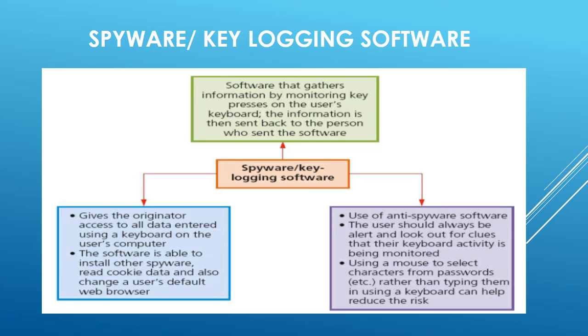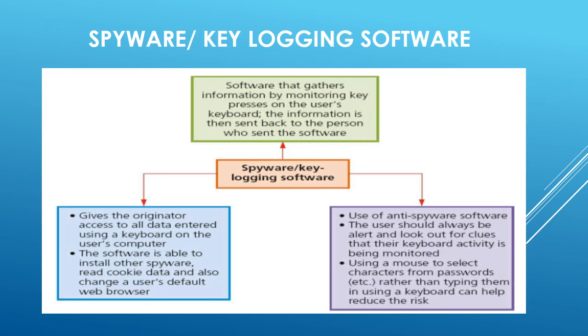The software is able to install other spyware. It is able to read cookie data and also change the user's default web browser. These are software that can be installed remotely on your computer without the user knowing.